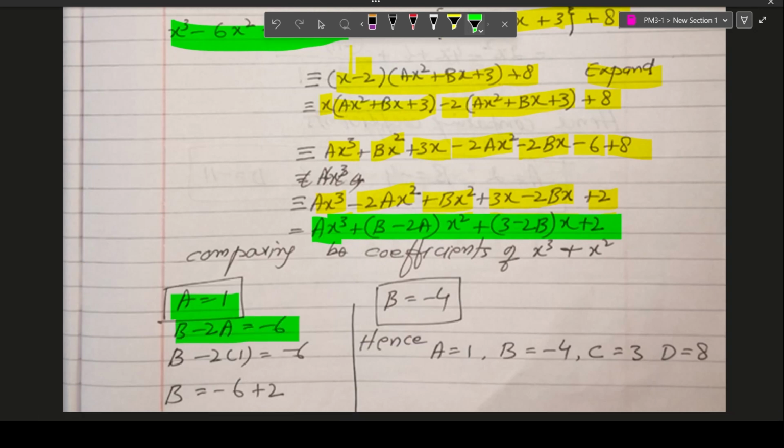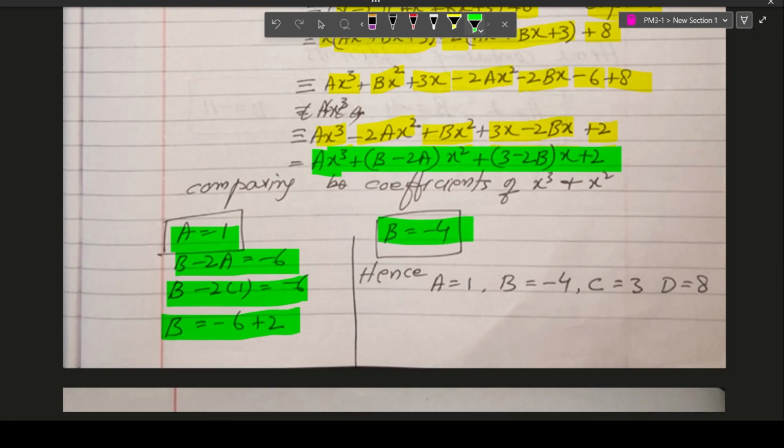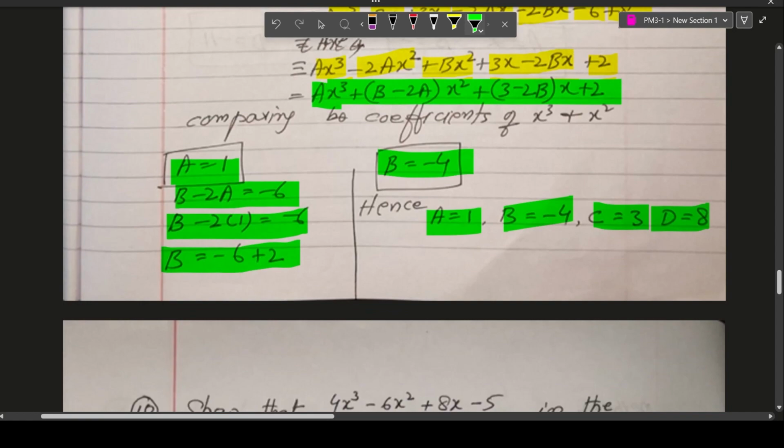And put the value of a, which is 1, and solve it. You will get b is equal to 6 minus 2 plus 1, and b is equal to minus 4. Hence we got all the values: a is 1, b is minus 4, c is 3, and d is 8. That's all from question number 9.